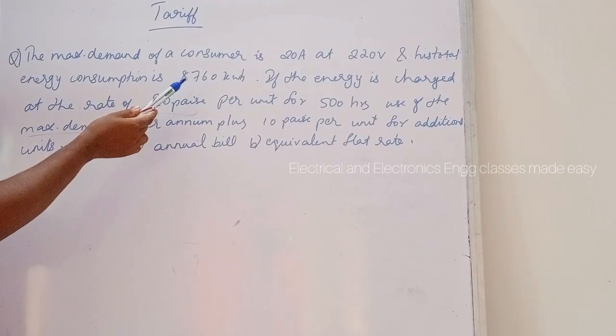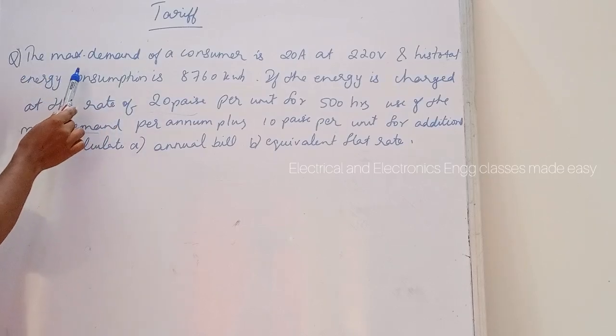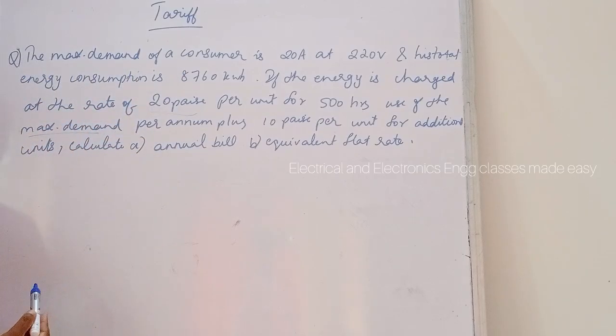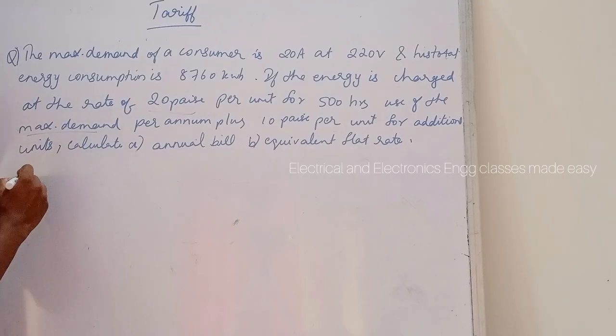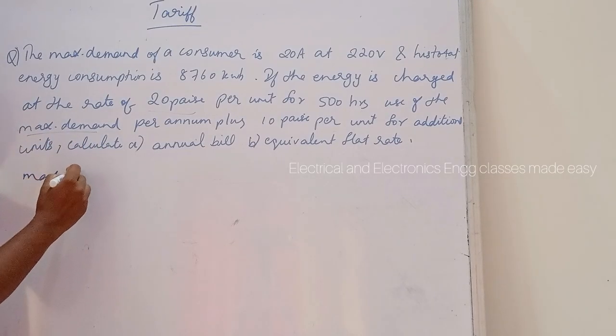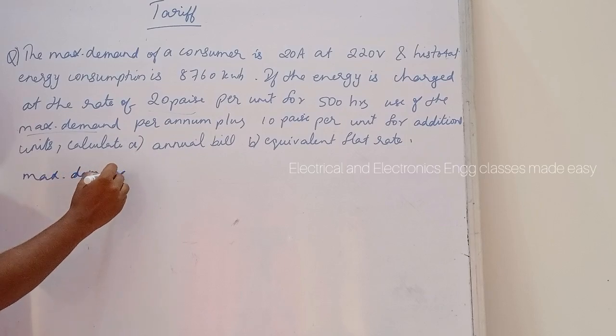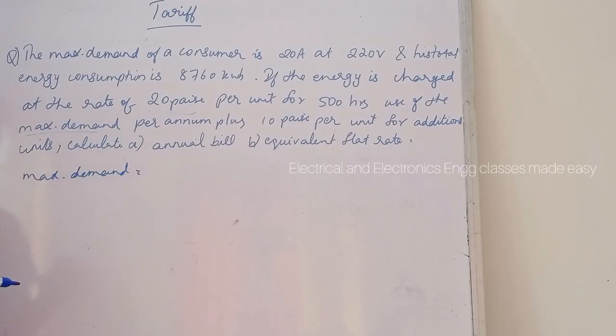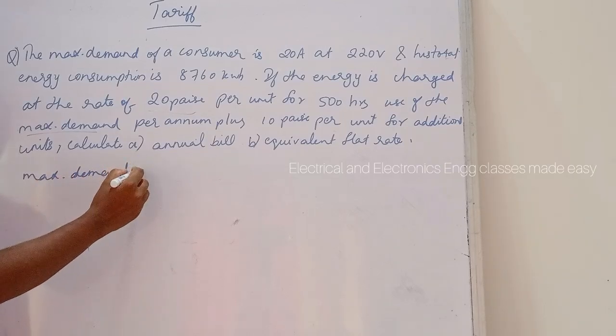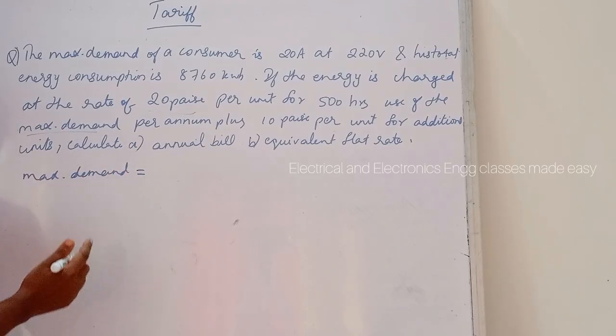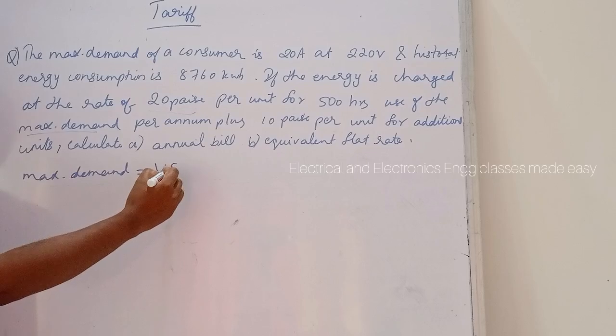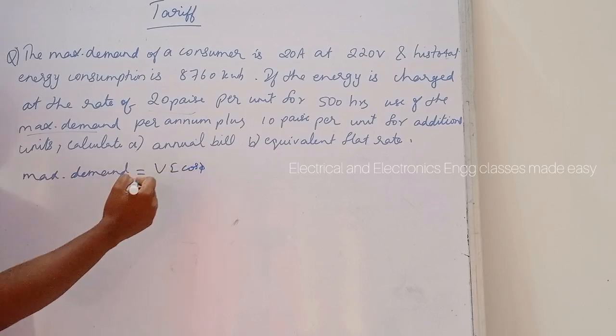Here the maximum demand is not given, so our first step is to find the maximum demand. Maximum demand is in kilowatt, so we have to find the maximum power in kilowatt, that is V I cos phi.